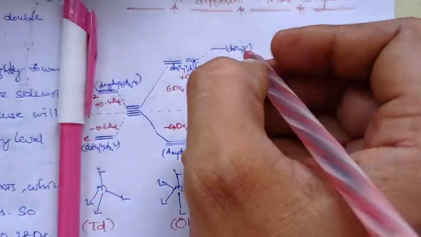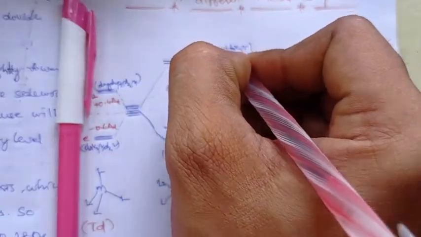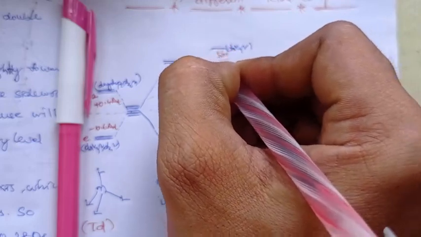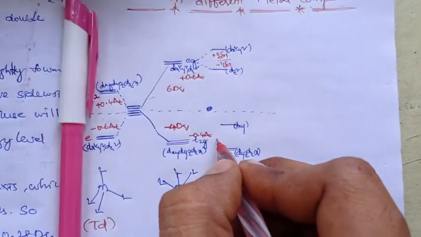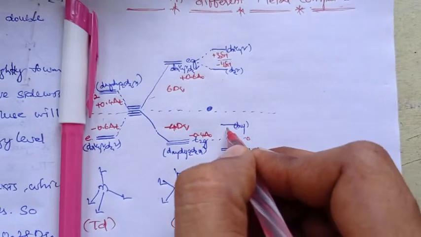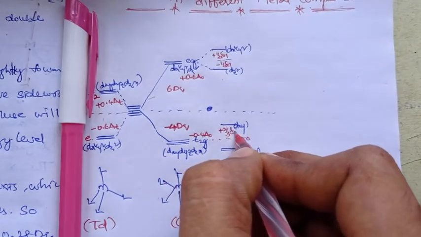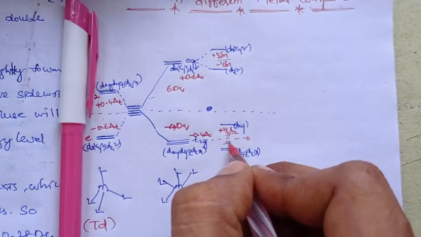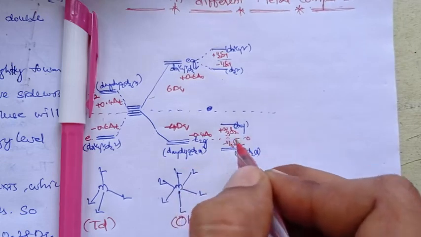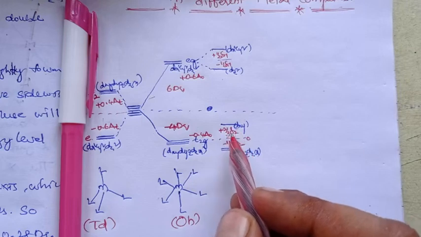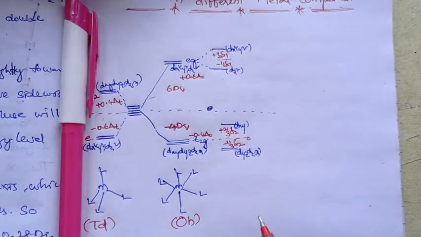The excitation is plus half of delta 1 and minus half of delta 1, and plus 2/3 delta 2 and minus 1/3 delta 2 for the lower levels.